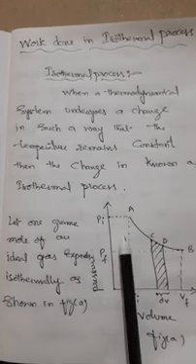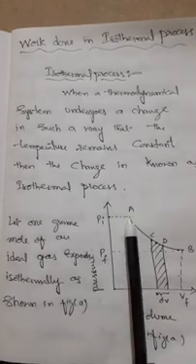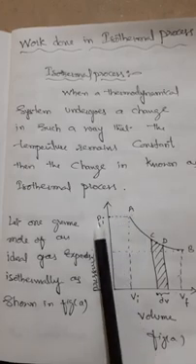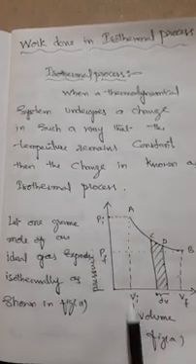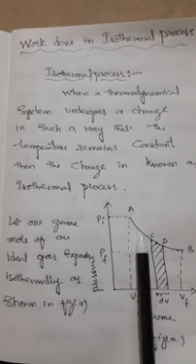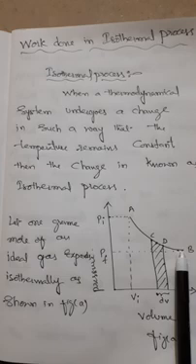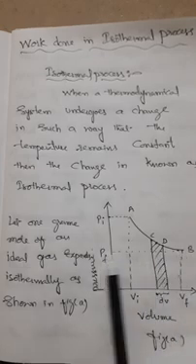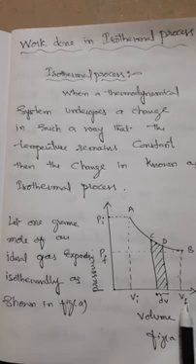In this indicator diagram, the initial state of the gas is represented by A, where the initial pressure is Pi and the initial volume is Vi. When it expands isothermally, it reaches a point B, where the final pressure is Pf and final volume is Vf.